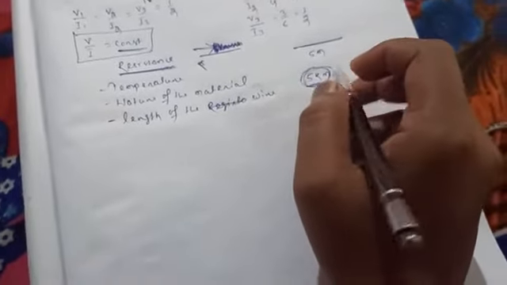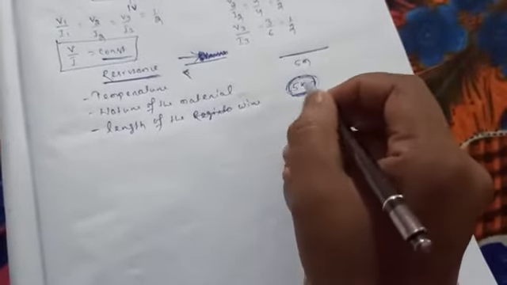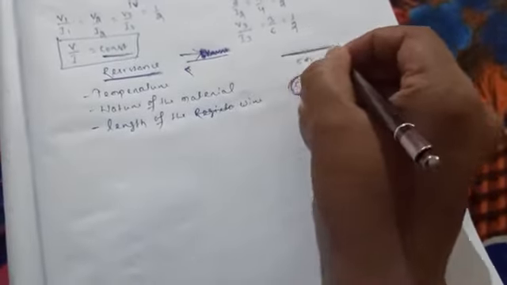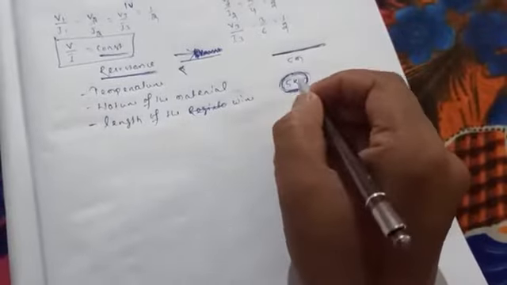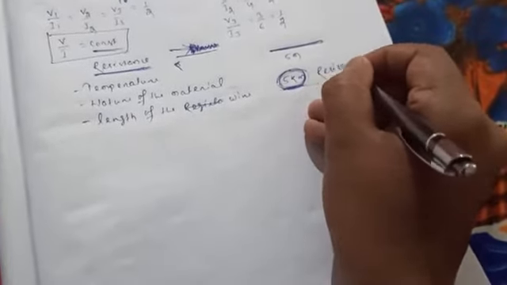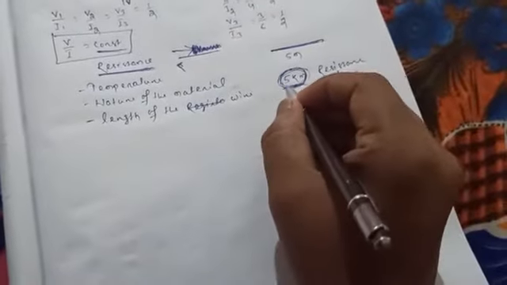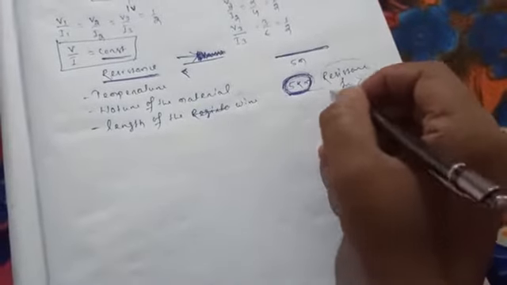The current will find it difficult to travel a large distance. It is easy to travel 5 meters. As it is difficult to transfer, the resistance force is more. So if the length of the wire increases, resistance increases.